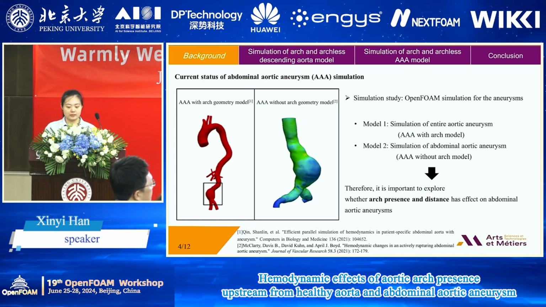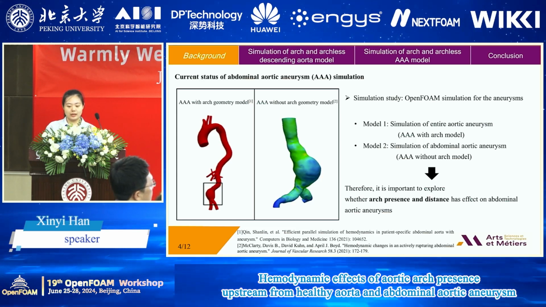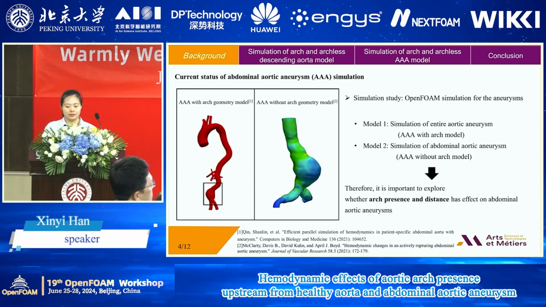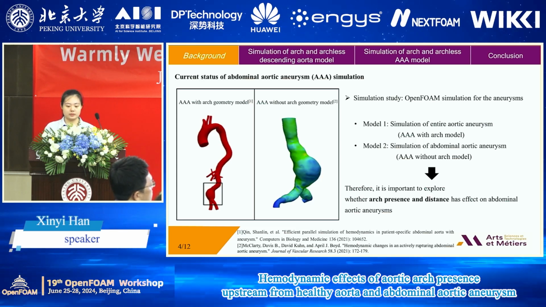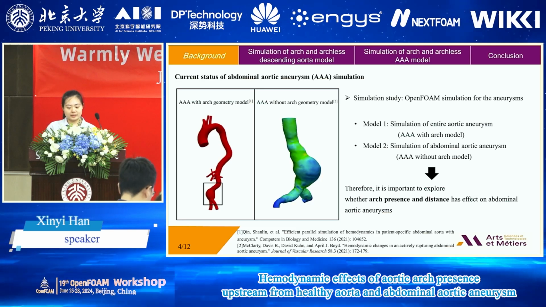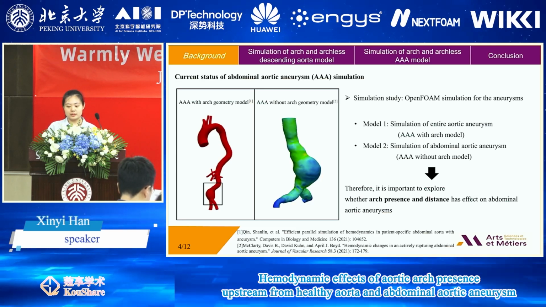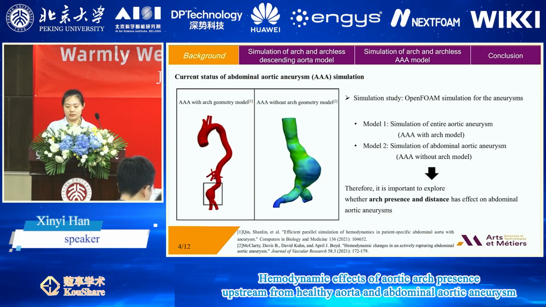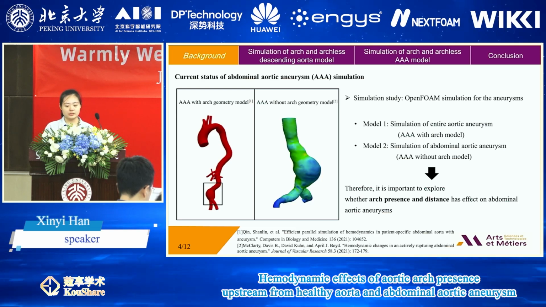On the other hand, some studies ignore the arch effect because the distance of aneurysm is far away from the arch. But now the difference and the comparison study of these two types of geometry are not clear.